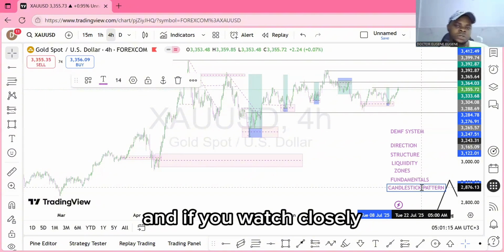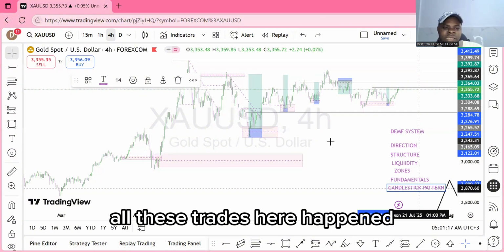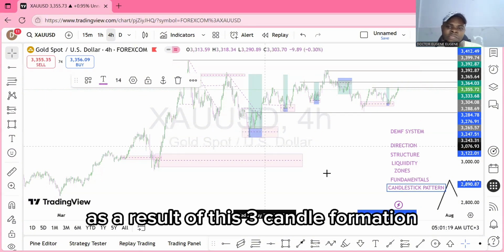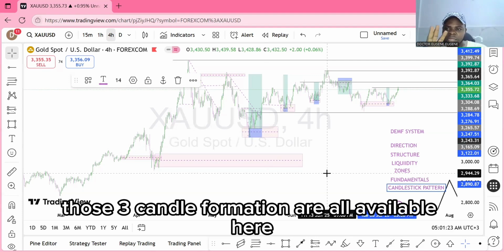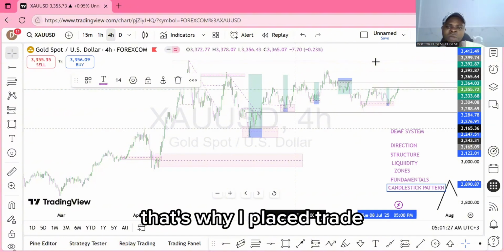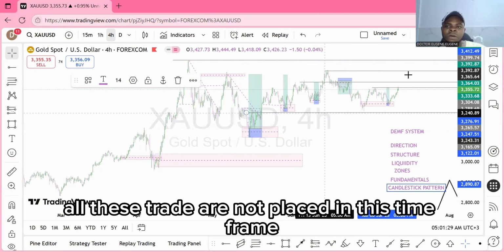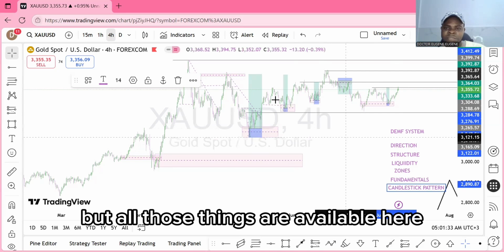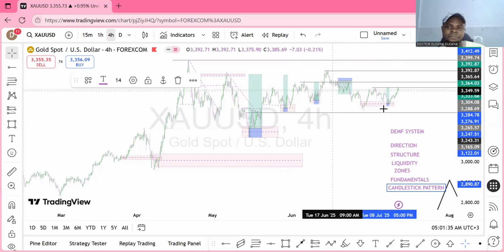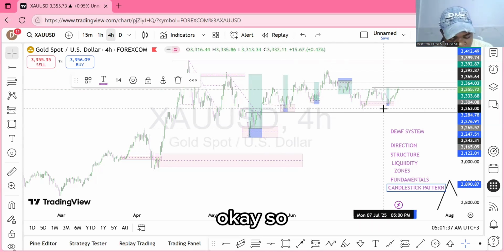If you watch closely, all these trades here happen as a result of these three candle formations. Those three candle formations are all available here. That's why I placed the trade, even though these trades are not placed in this time frame, all those things are available here.